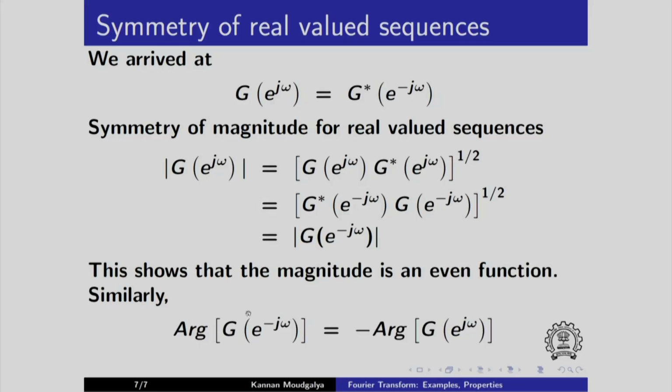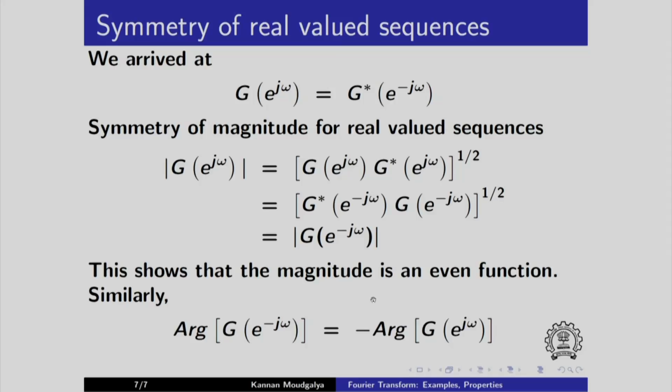Similarly, you can show the argument to be negative. We see that the argument obeys this equality, where the argument of this expression is the minus of the argument of its complex conjugate, where we have replaced minus j omega with plus j omega here.